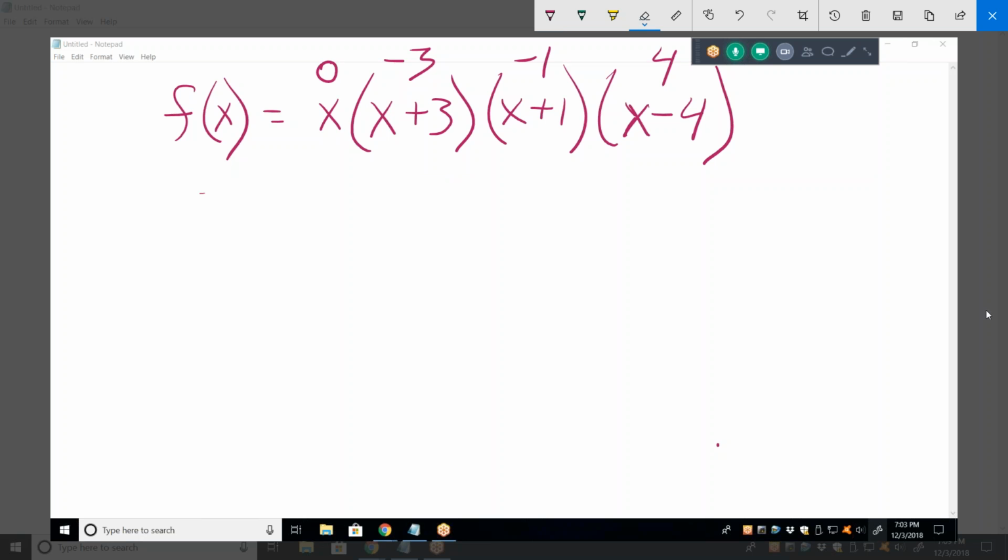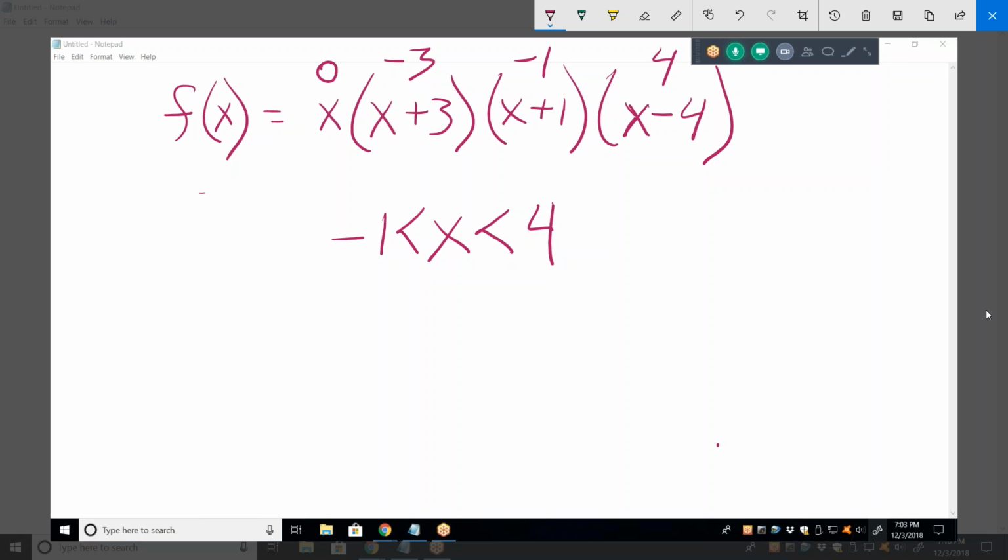And then it's asking what is the sign of f on the interval of negative 1 is less than x, and x is less than 4. And what is the sign on that interval?